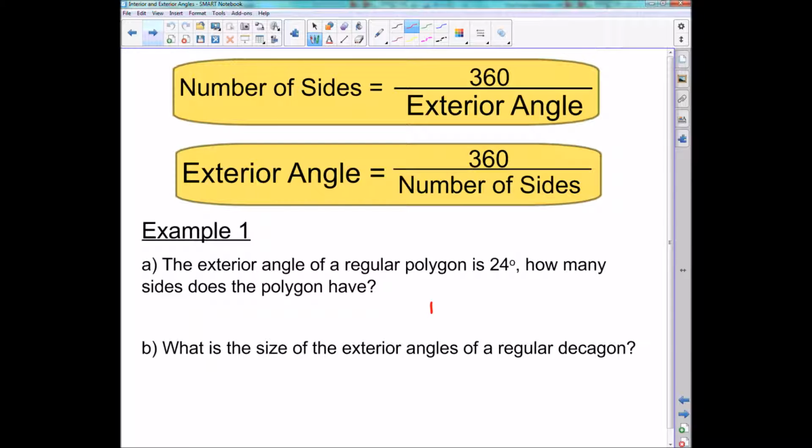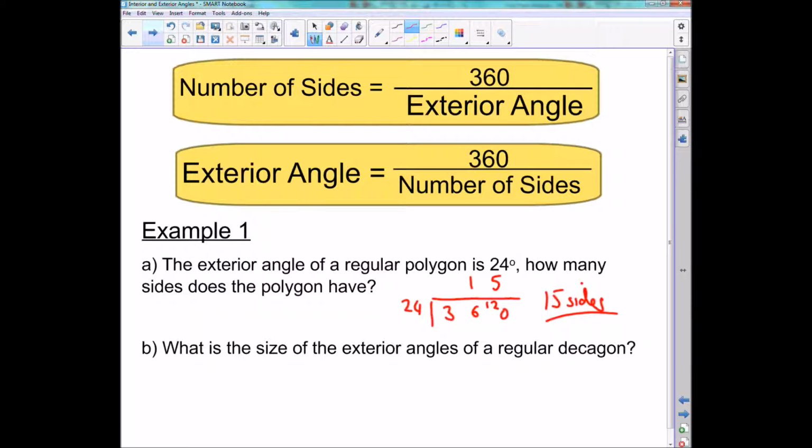Now, usually this is on a non-calculator paper, so I'm going to do this without a calculator. So I'm going to use the bus stop method. Now 24 goes into 36 once, and there's a remainder of 12. Now 24 goes into 120 5 times. So that means that my polygon has 15 sides.